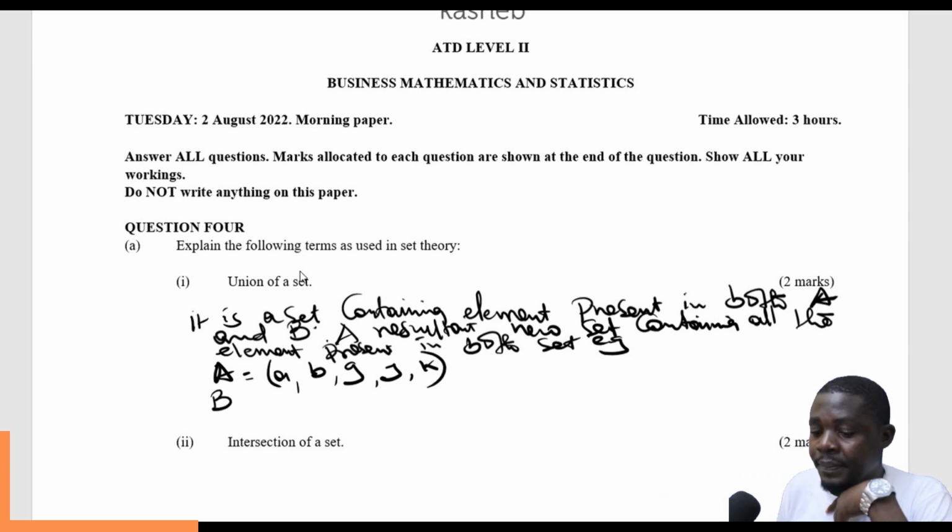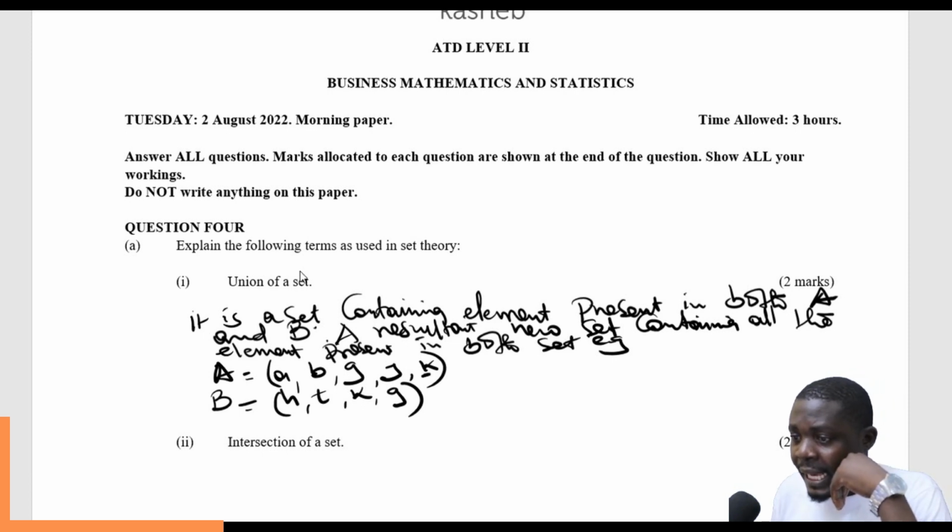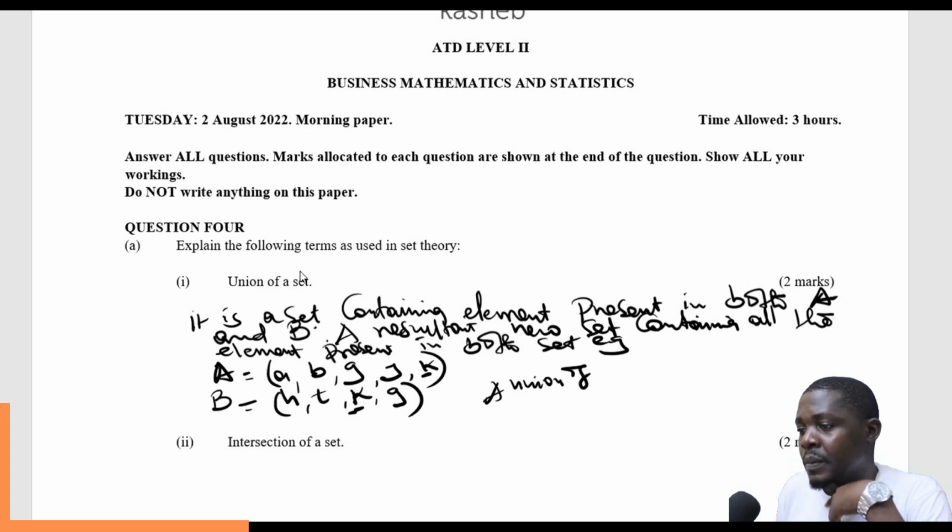And then we have set B, which has H, T, K, G. Now, if you look, we realize that K is in set A and K again is appearing in set B. Now, a union of a set in this case will be A, B, G, J, K, H, T. Now that is a union of a set.